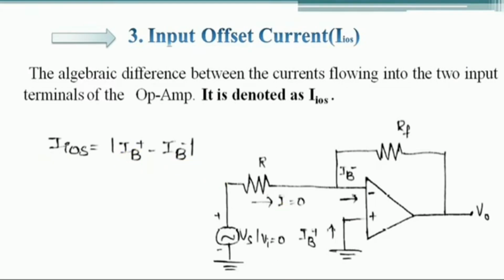Now we are going to see how we use compensation in order to nullify this iOS value. Simply by using a bias current compensation technique and with the modification of some parameters, we can get the nullified output voltage 0 even if the input signal is not present.